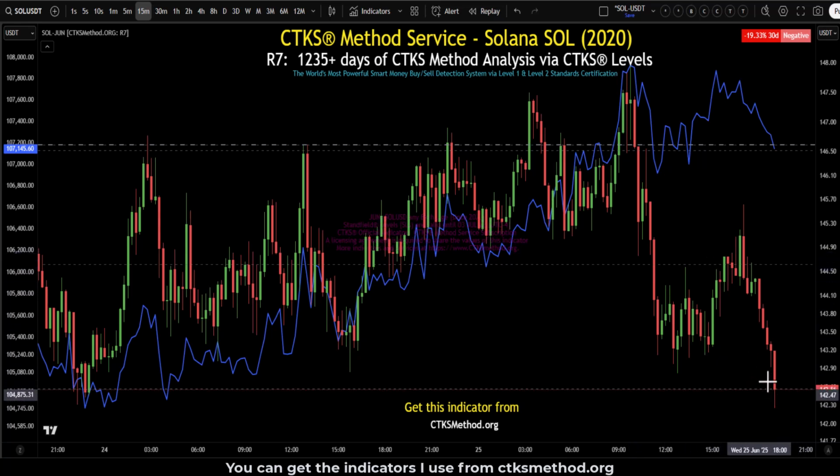We're also coming into a lighter level of structural support literally at the current price, which is 142.53. Knowing what your structural levels are, that's so incredibly vital.